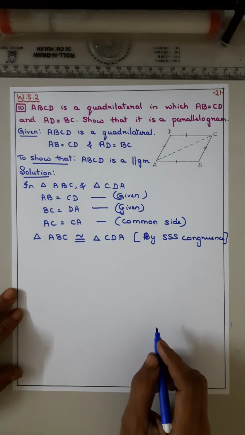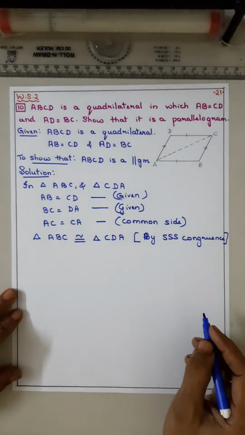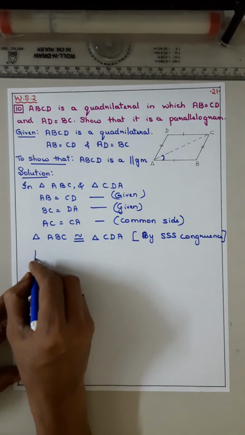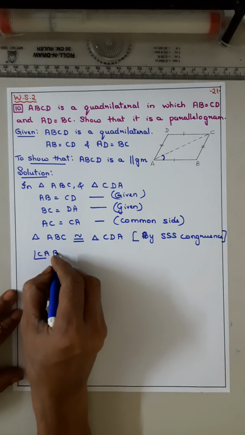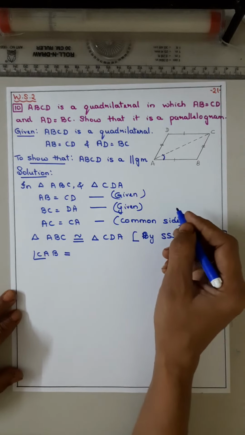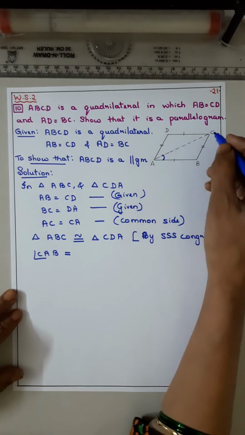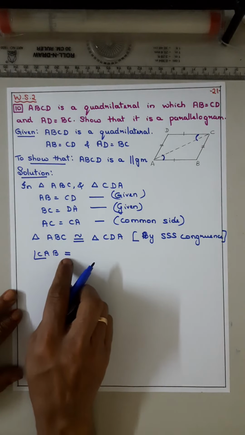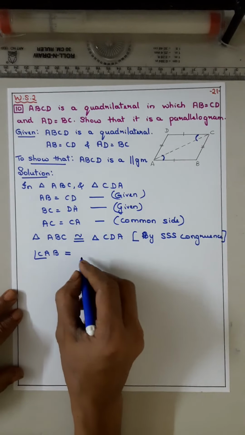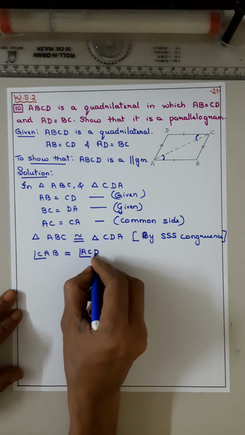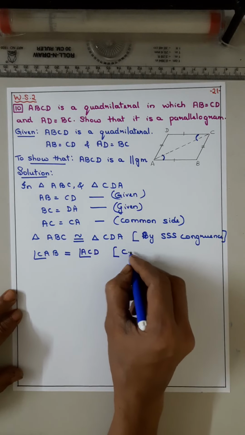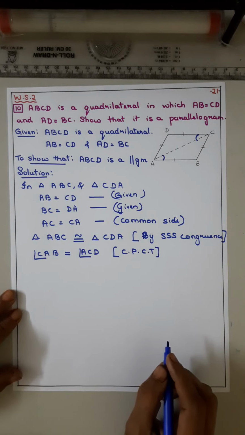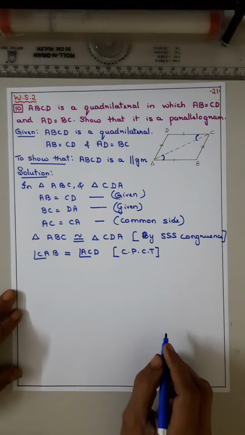Now we can say that angle CAB is equal to angle ACD by CPCT. Remember CPCT, the corresponding parts of the congruent triangles.